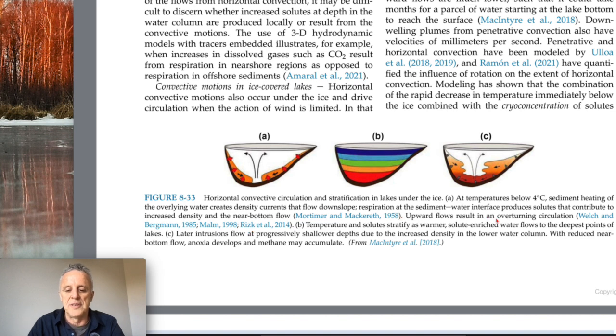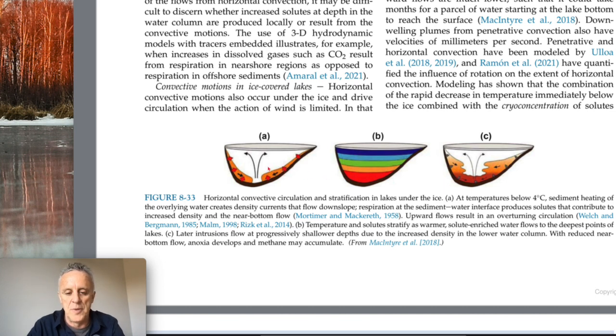Upward flows result in an overturning circulation. B, temperatures and solutes stratified as warmer solute-enriched water flows to the deepest point of the lakes. And C, later intrusions flow at progressively shallower depths due to the increased density in the lower water column. With reduced near-bottom flow, anoxia develops and methane may accumulate.